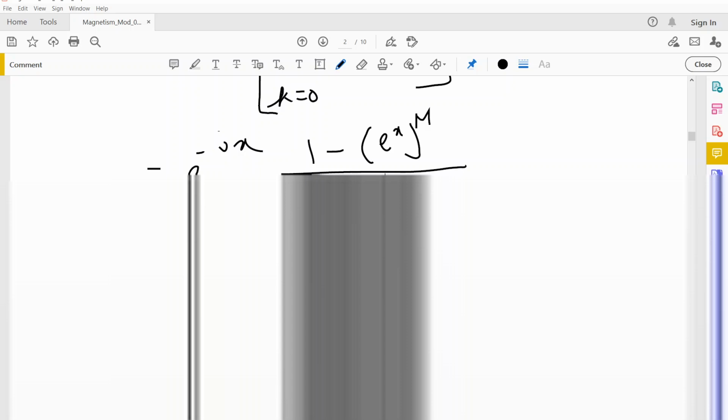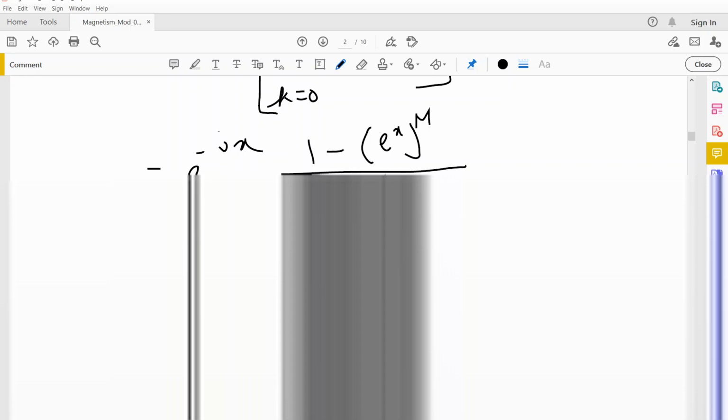Then we just replace this quantity by 1 by Z dZ by dx. So our expression for the magnetization becomes n g mu B times 1 by Z dZ by dx, and that's the expression for the thermal average of the quantum number.